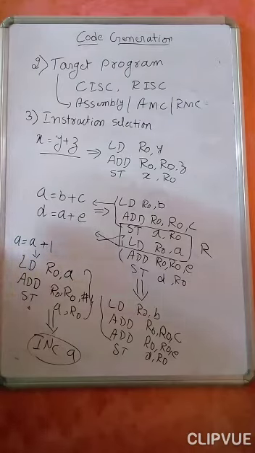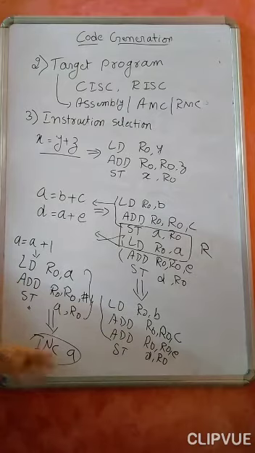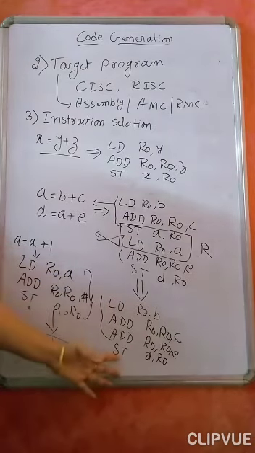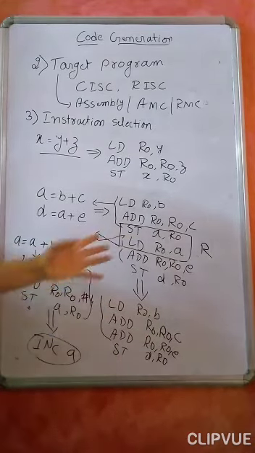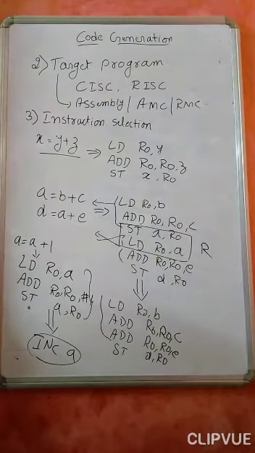That is what I told: selection of the instructions is also very important when you translate your intermediate representation during code generation. Instead of this, if I write that, I'll get faster executable machine code. So you should go for a better set of instructions so that I get faster executable machine code.